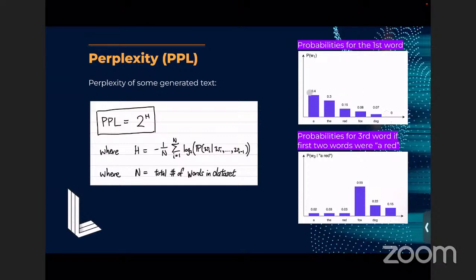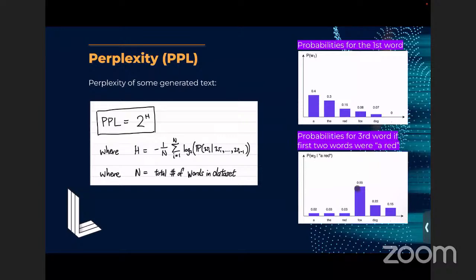And so the model would choose the word with the largest probability, and then it would record this part as 0.4 and add them together across different i's. So for example, if we're in the middle of the sentence now and we are already given and red as the first 2 words, and the model is predicting the third word, there's a higher likelihood that this would be fox rather than dog, because dogs aren't usually red.